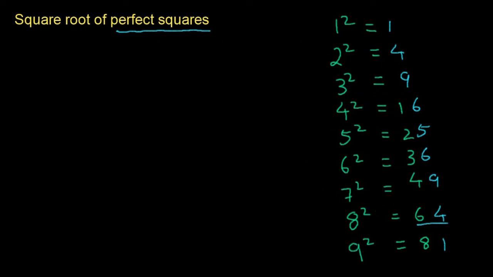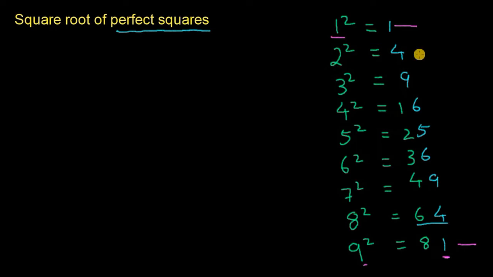Now if you see here, there's a pattern, and the reason why I've written this is, if you see 1 and 9, these two numbers' squares end with the same last digit. We are concerned only with the last digit. So the last digit here is 1.